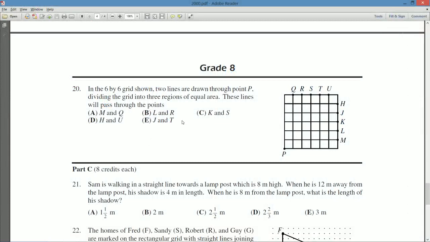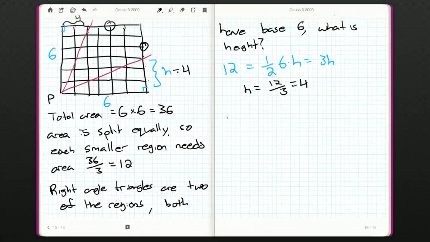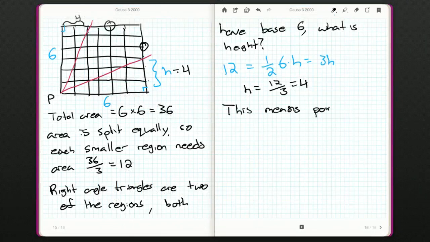So J and T. Our answer is B. So we get an answer of B.